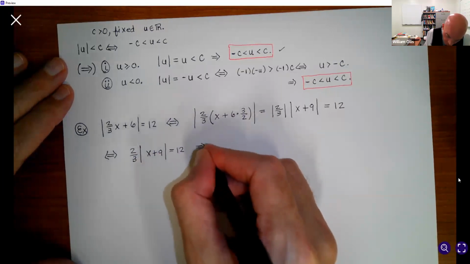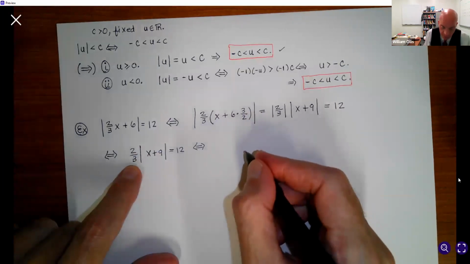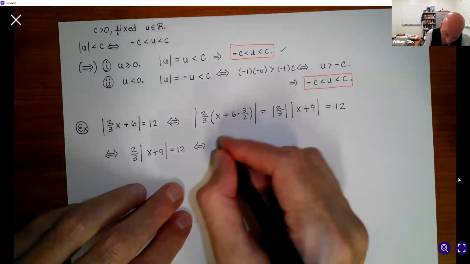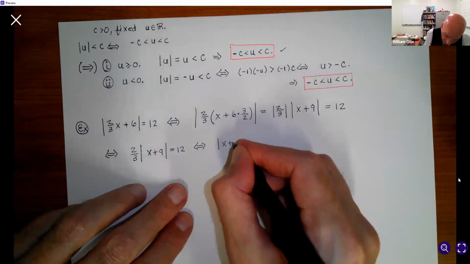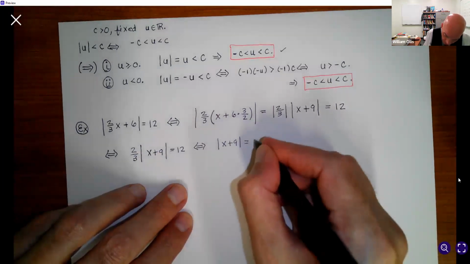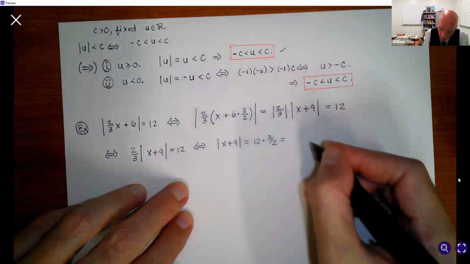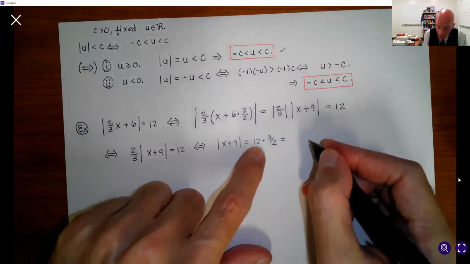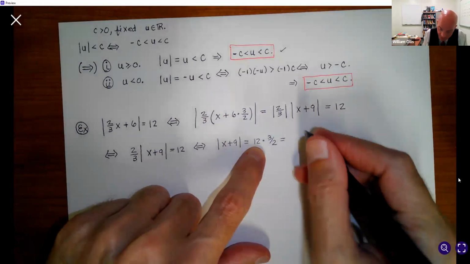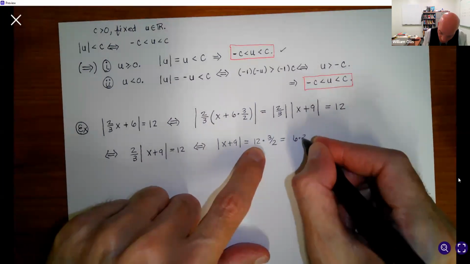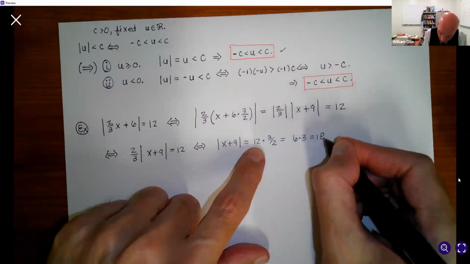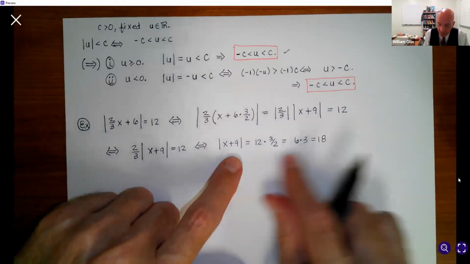Now, when we solve this, we can just multiply both sides by 3/2. The absolute value of x plus 9 equals 12 times 3/2. And of course, the 2 absorbs into the 12 to give us a 6, and 6 times 3 is 18. So now it's much simpler.